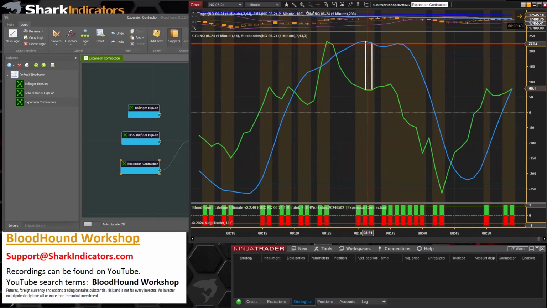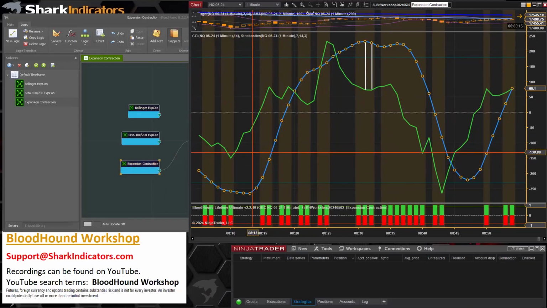Visually they look like they are contracting, but the mathematics, because they're on different scaling systems, right? The y-axis scaling is different between those two indicators. Mathematically they kind of came out to be expanding, but obviously that's not what we're seeing on the chart.